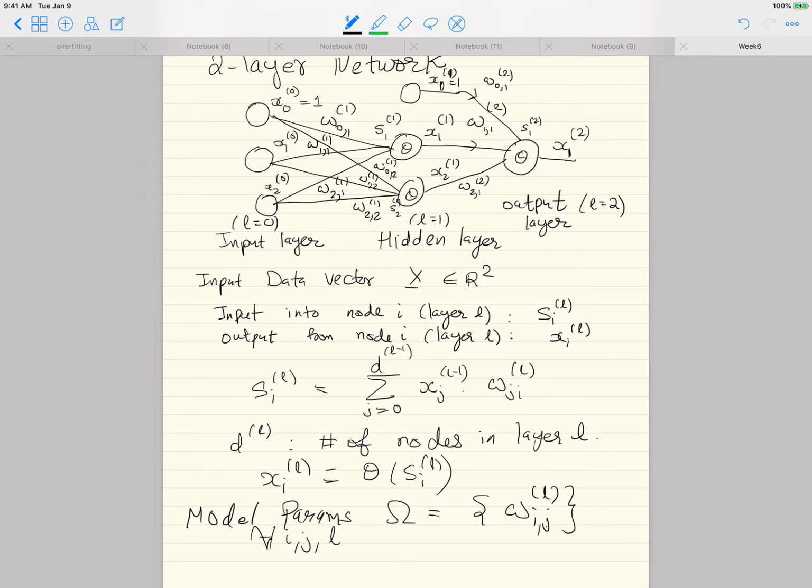These are the weights that you want to train. When you say you want to train the neural network, you want to compute all these weights. So there are 6 weights here, 2 from each of the nodes, and 3 weights here. So you have a total of 9 weights in this neural network. That constitutes your model parameters, just the collection of all the weights. This is what you want to learn from the training data when you train a neural network.